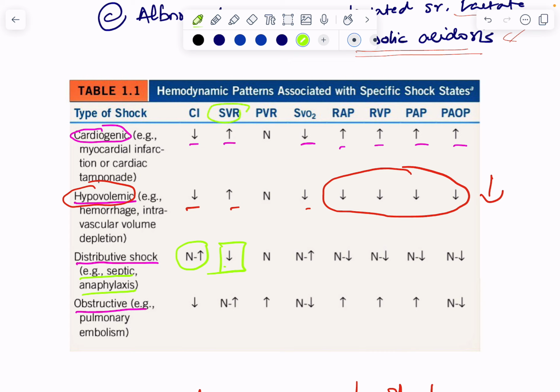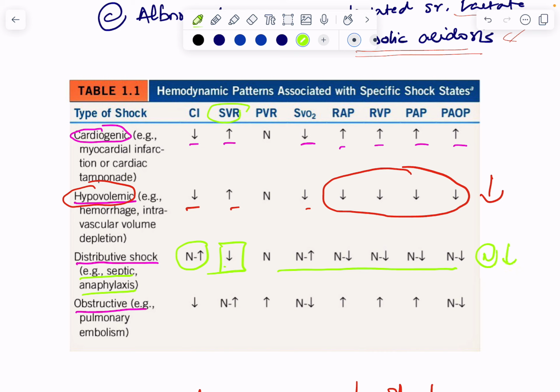There will be vasodilation and blood pooling, and that will be the reason for hypotension or shock. All the other parameters, like right atrial pressure, right ventricular pressure, pulmonary artery pressure, pulmonary artery occlusion pressure, are normal, otherwise they will go down.